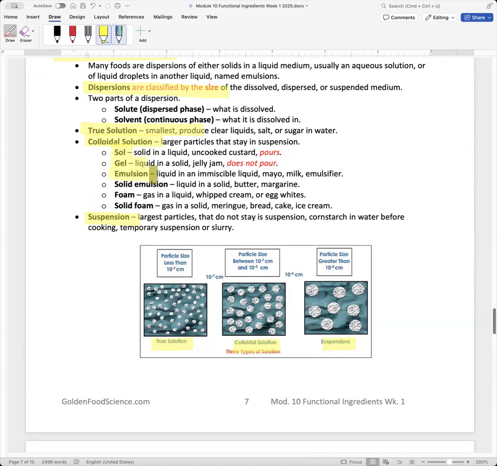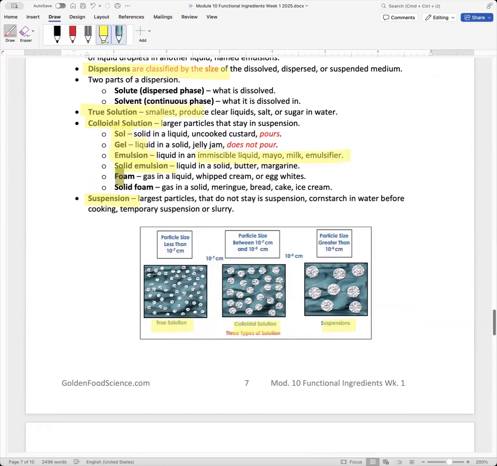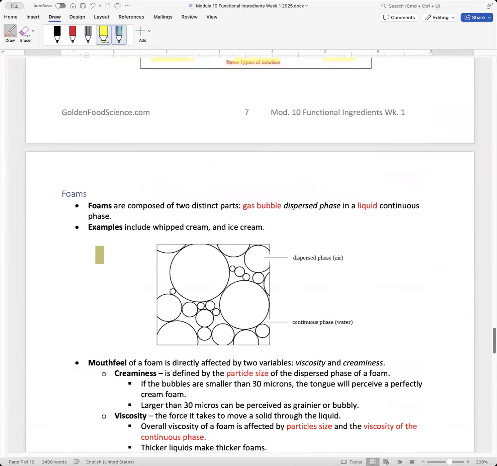An emulsion is two immiscible liquids and an emulsifier. A solid emulsion is a liquid in a solid, like butter. A foam is a colloidal solution, and so is a solid foam like a meringue. So there's just some vocabulary.